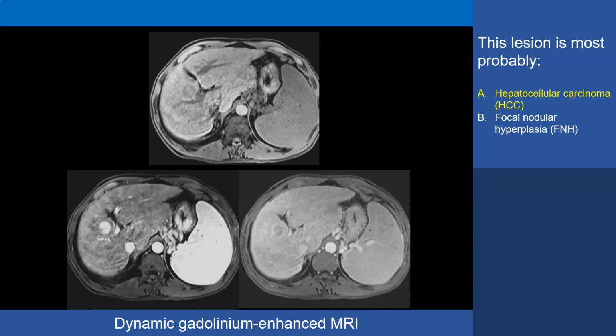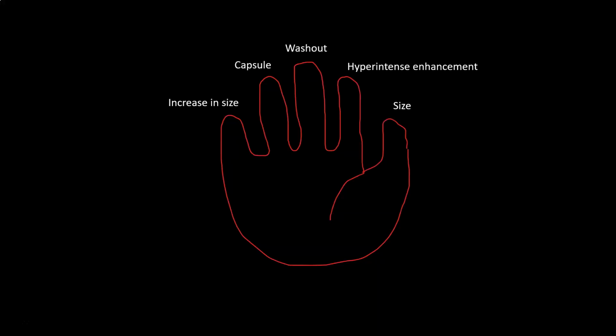The liver is cirrhotic and the spleen is enlarged, and we see portosystemic collaterals. We cannot discuss the diagnosis of hepatocellular carcinoma without discussion of the LIRADS classification system. This is a system of classification of liver lesions in the cirrhotic liver.